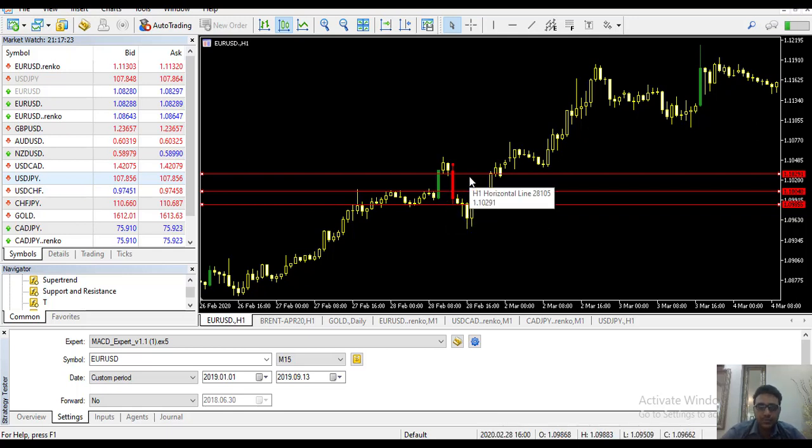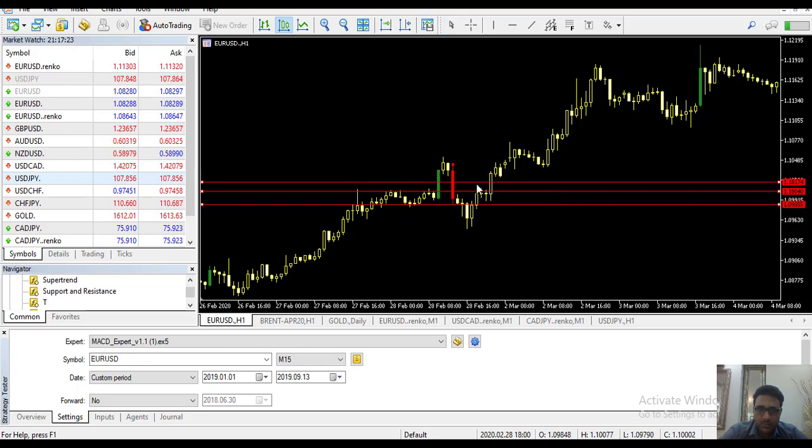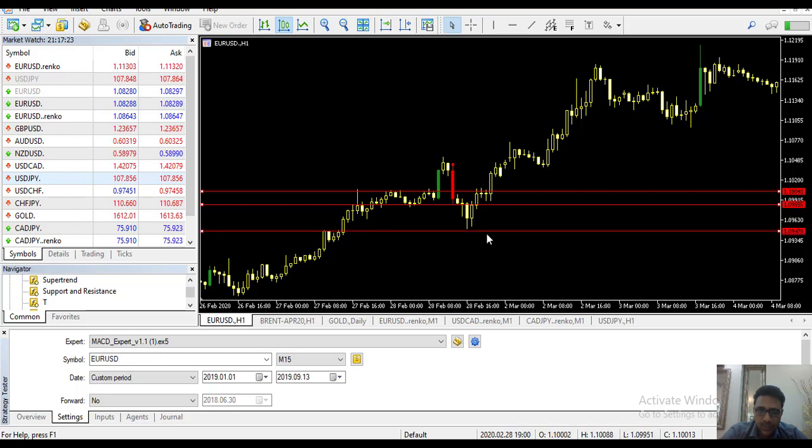Then what happened? You consider this. This is another resistance, right? A red candle was formed. Then it went down from this area. Do remember this area. This was the range. This was our range, this area, right? The previous one.